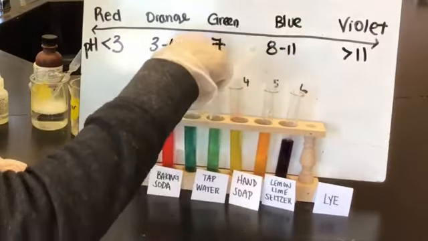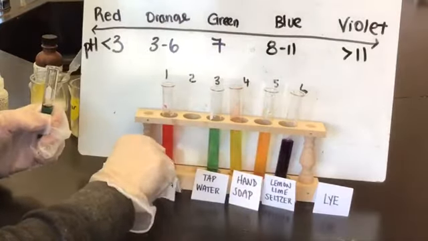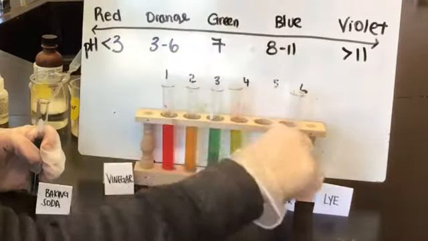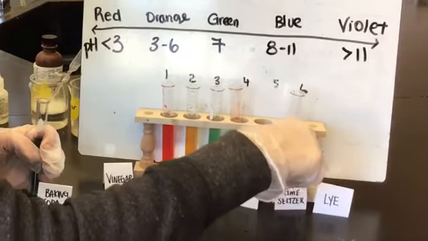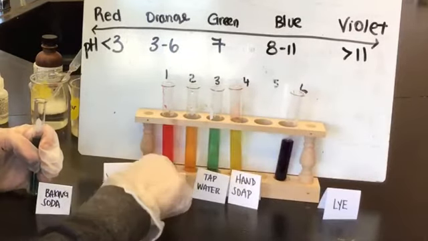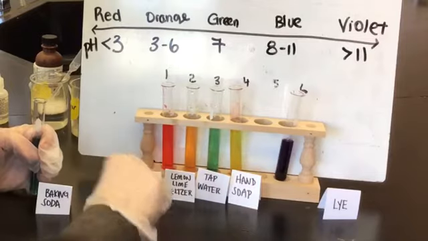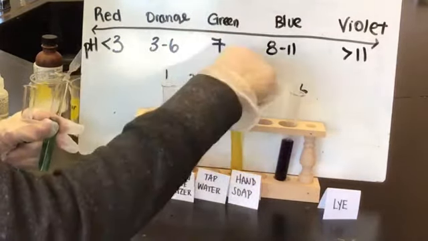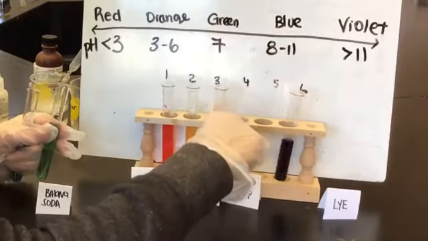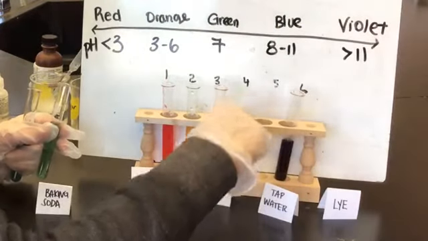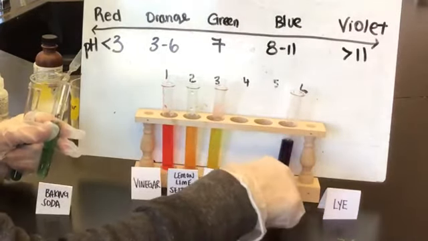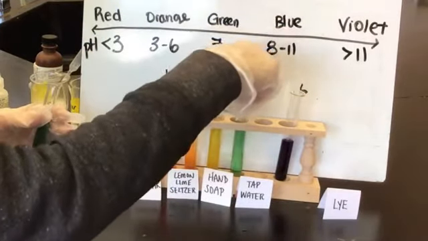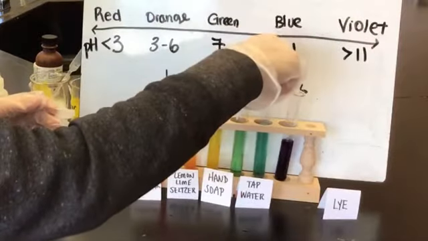So I'm going to put lemon lime seltzer where baking soda was, so that seems to be the second lowest pH based on its color. I can move tap water for a moment so that I can move hand soap over. And now I'll go tap water, baking soda, and lye.